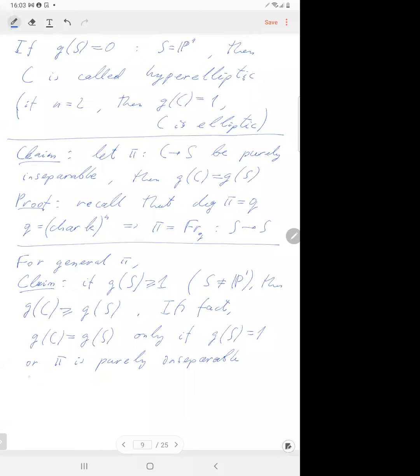The proof is again immediate. So we decompose pi as the composition of E to some intermediate curve E, to the base S. The first map will be, say, gamma, and it will be purely inseparable.